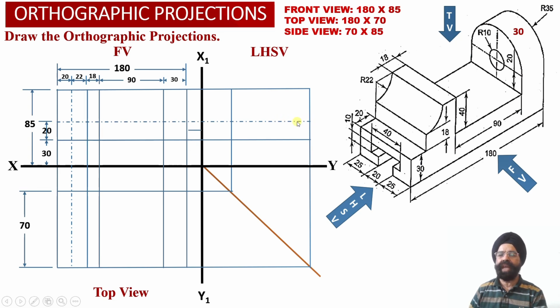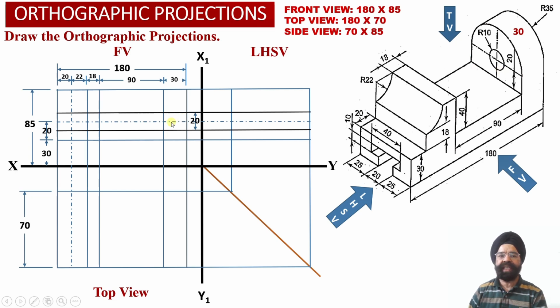Now we also know that corresponding to this particular center line, this is a center line that we have been able to obtain over here. So there is a circular hole which will be available onto this vertical web which is located towards the right side portion of the solid. So the radius of the circular hole is equal to 10 millimeter and the diameter will be equal to 20 millimeter.